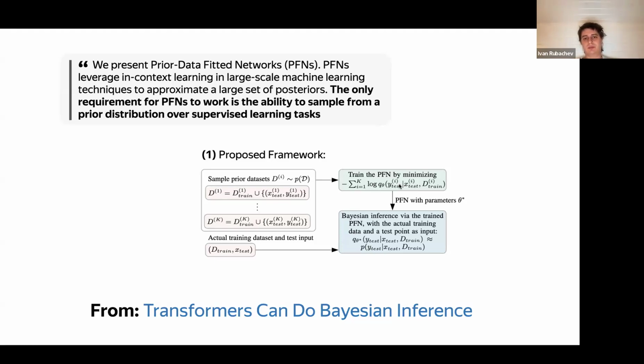In the case of, for example, images, it could look similar. We basically have an infinite number of different tasks somehow sampled. It's represented by the X test and Y test, where Y is some kind of label.